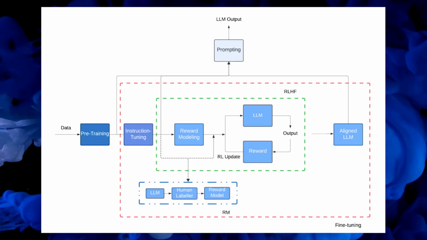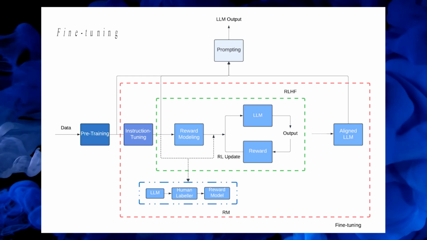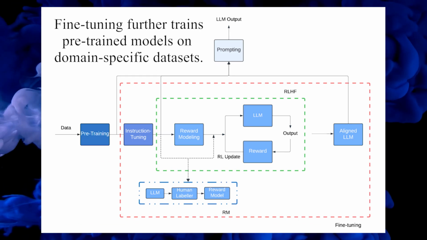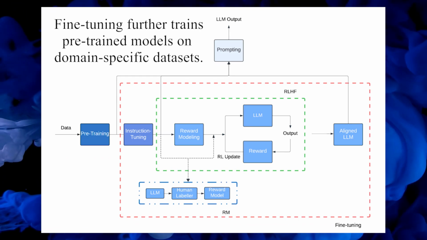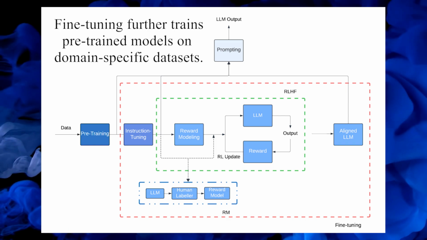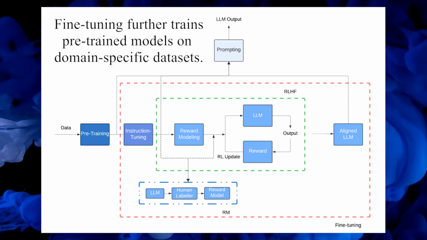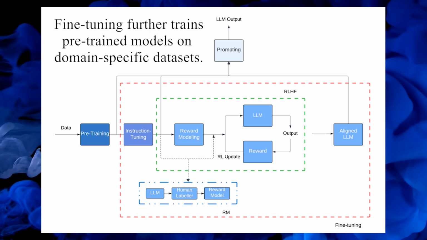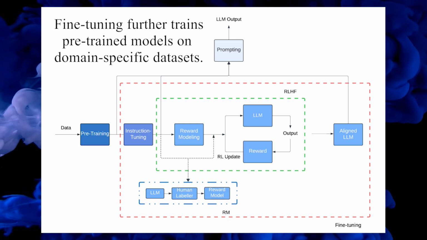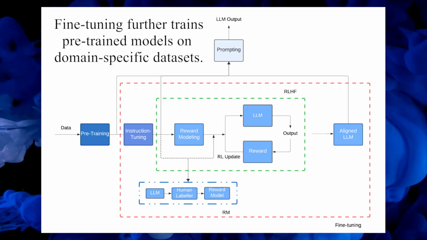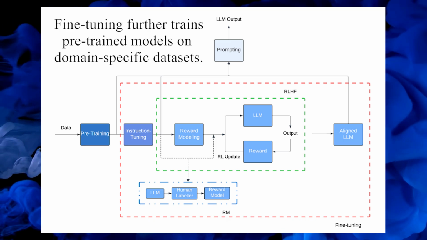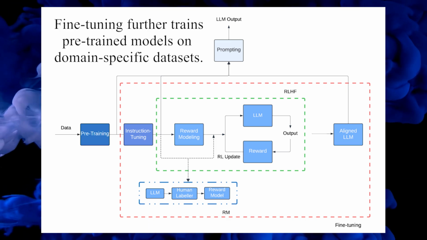Fine-tuning addresses this limitation by further training these pre-trained models on domain-specific datasets. This process enhances the model's performance in tasks such as sentiment analysis, question answering, and document summarization, etc. on that specific domain. So it's a cost-effective way to leverage state-of-the-art models without building them from scratch.